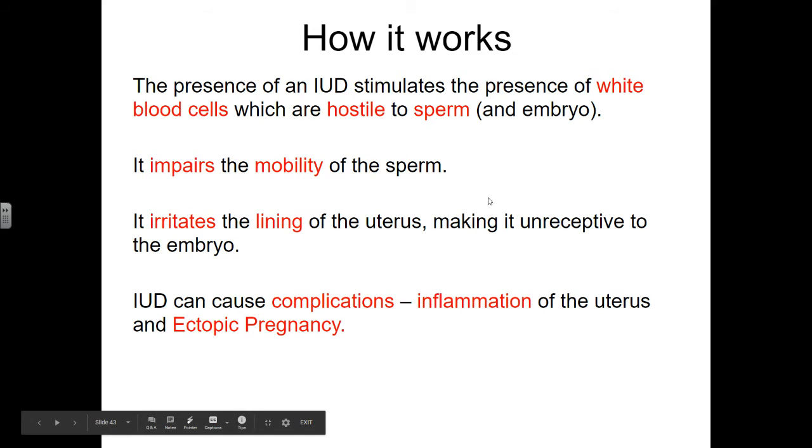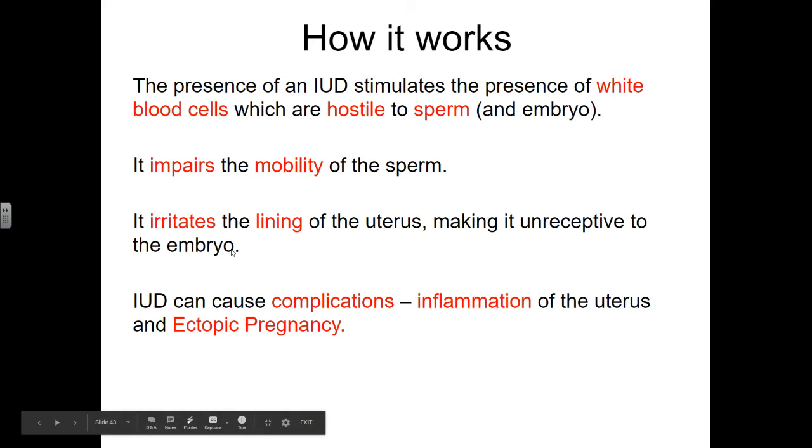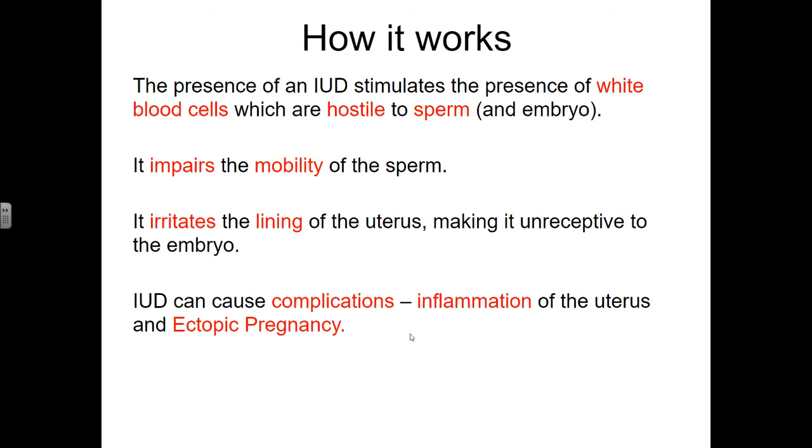Unfortunately, it can cause things like bleeding and inflammation, and because the fertilized embryo, the zygote, can implant in the uterus, it sometimes finds somewhere else to implant. So you can get a pregnancy that's ectopic. These are quite dangerous, so you don't really want to have an ectopic pregnancy.